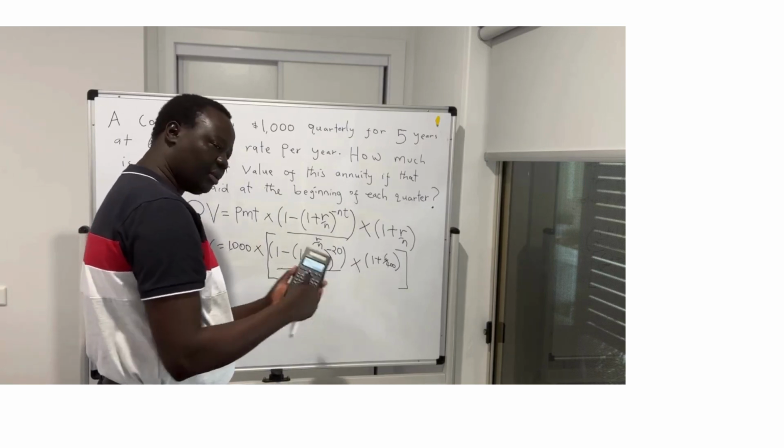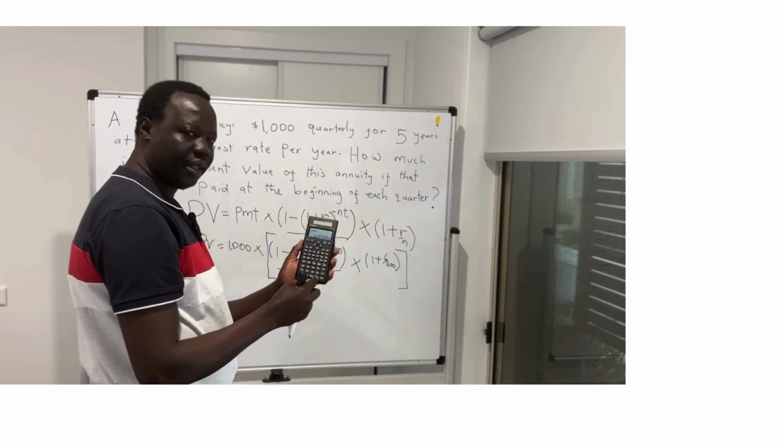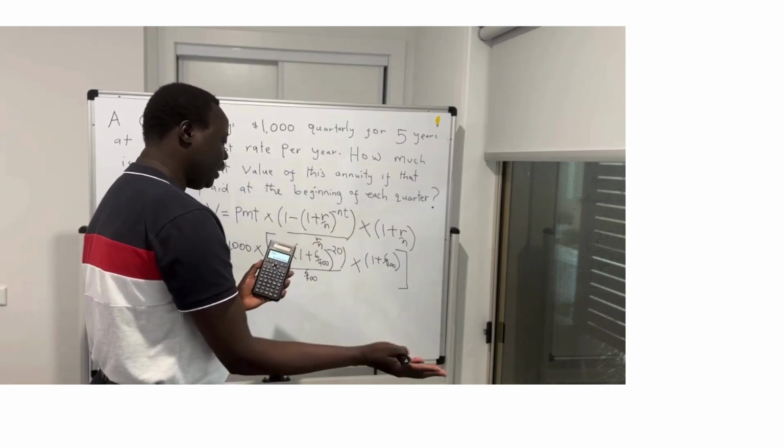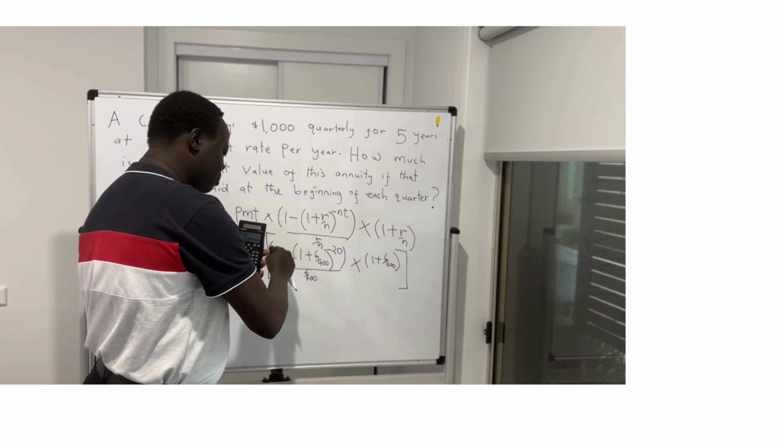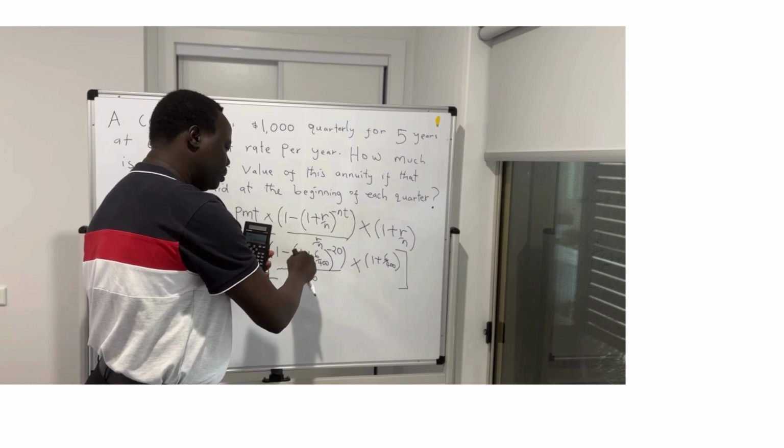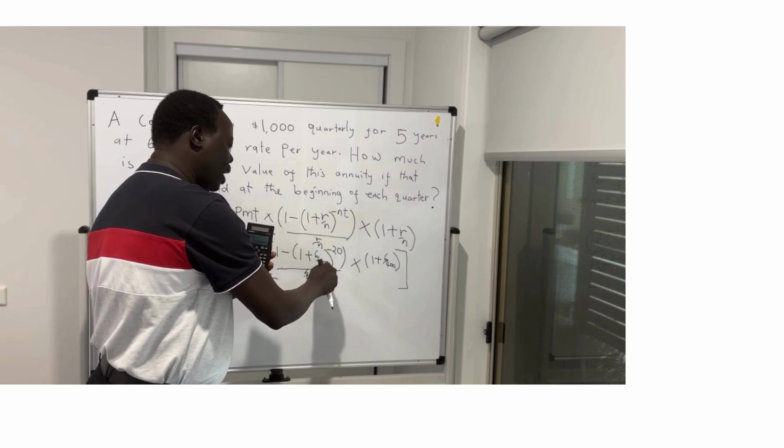Straight away you can key in this. Make sure you put the parenthesis 1 minus, put another open parenthesis 1 plus 6 over 400, and then close the parenthesis.